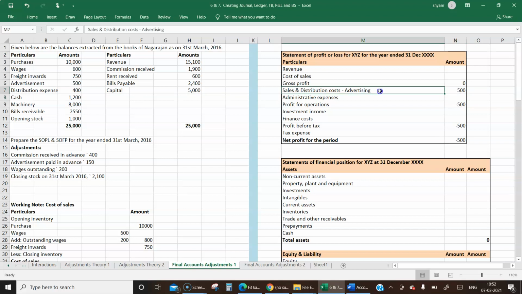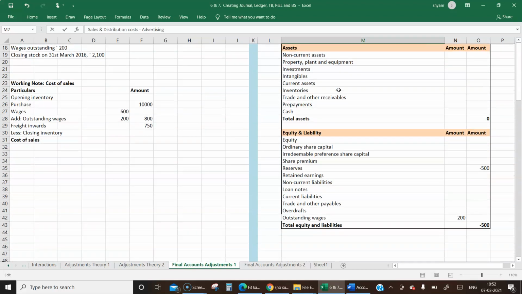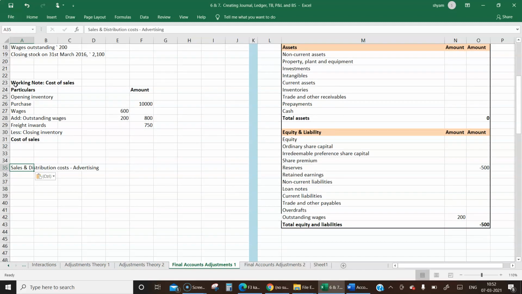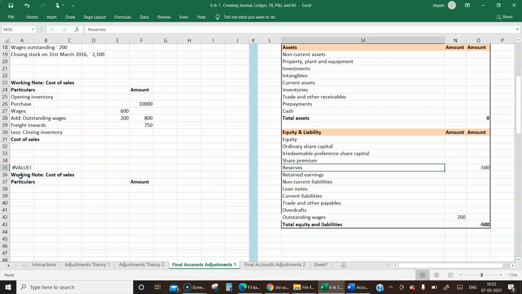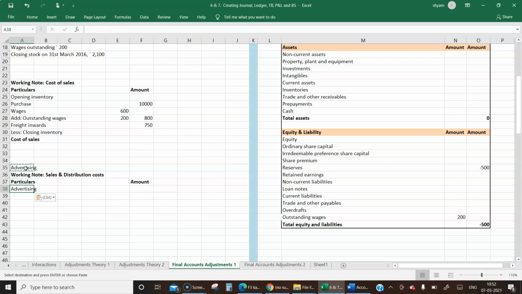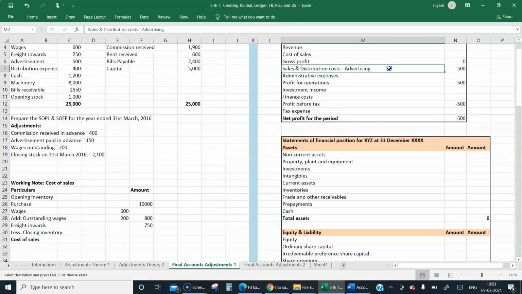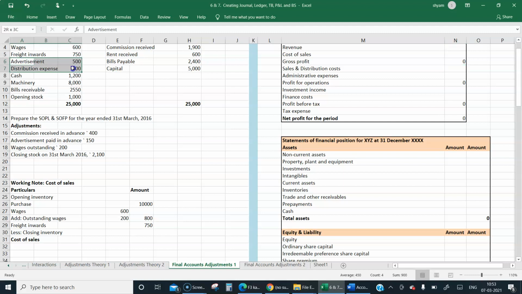We'll put it as a separate heading, and take it as a separate working note. So advertising is 500 and distribution is 400. So we'll take it from there.